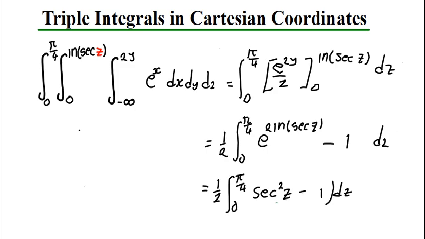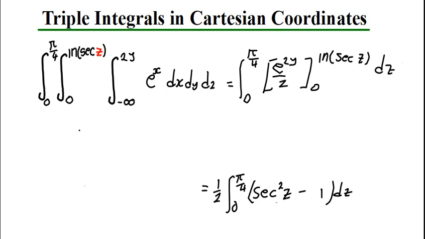Let's go ahead and do the final part. So this is 1 over 2. When you integrate sec squared z, you're going to get tan z. Remember, the derivative of tan is sec squared, so this will be minus z there, evaluating from 0 to pi over 4.